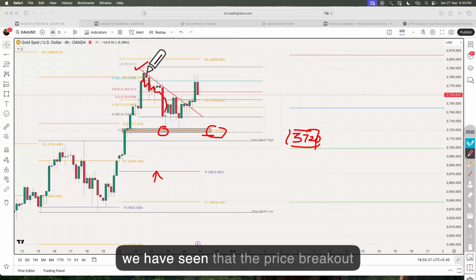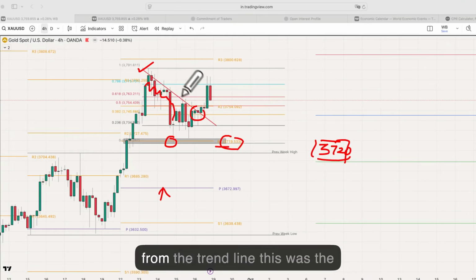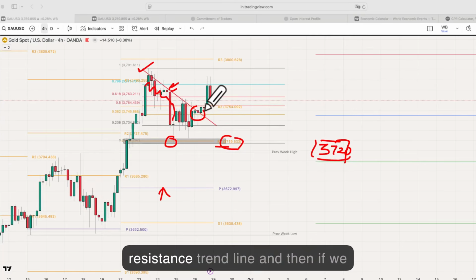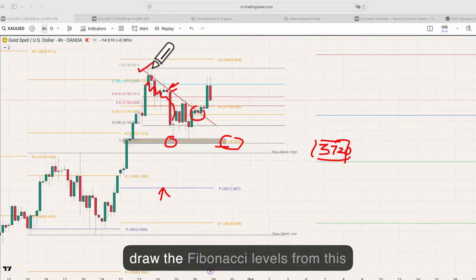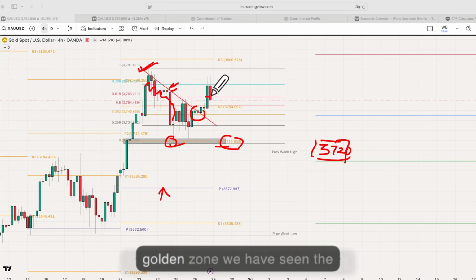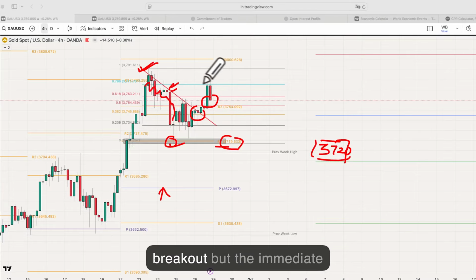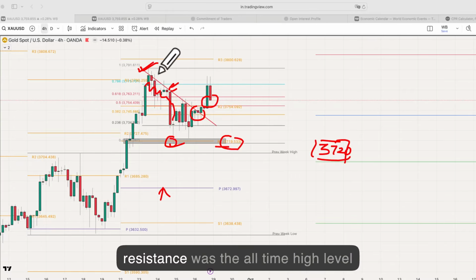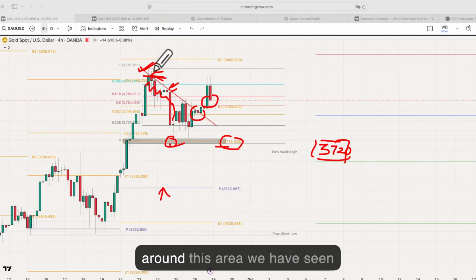After that we have seen the price break out from the trend line. This was the resistance trend line, and then if we draw the Fibonacci levels from this high to this low, this is the Fibonacci golden zone. We have seen the breakout, but the immediate resistance was the all-time high level around this area.